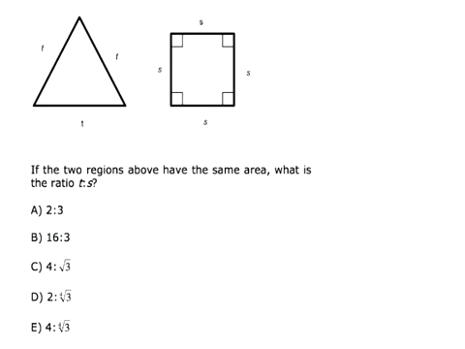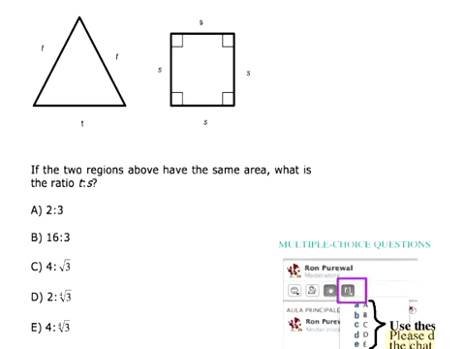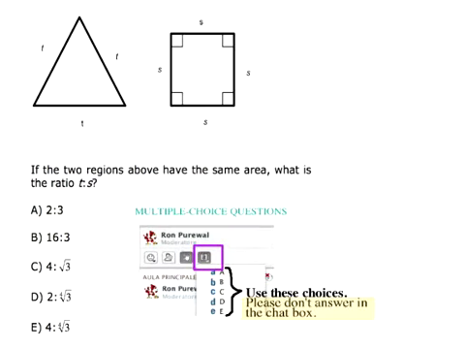So, again, don't forget where your multiple choice answers are located. Those last two options, D and E, are the fourth root of 3. Just in case anyone's having trouble seeing the resolution. Give it a shot.